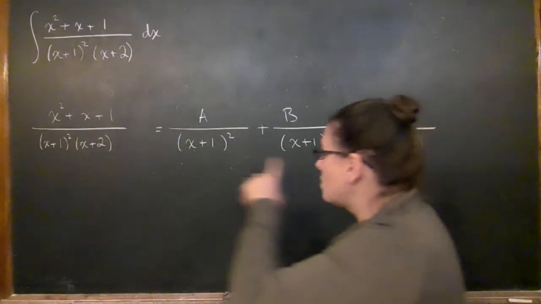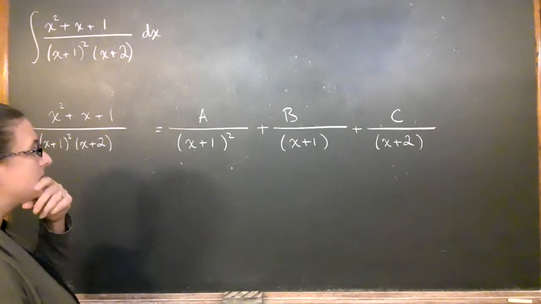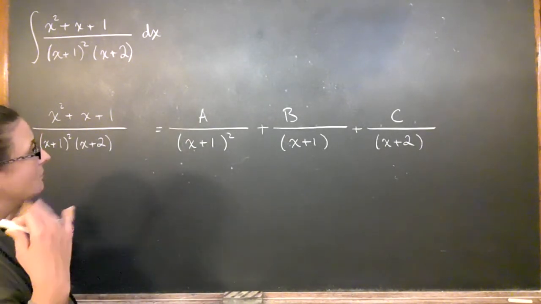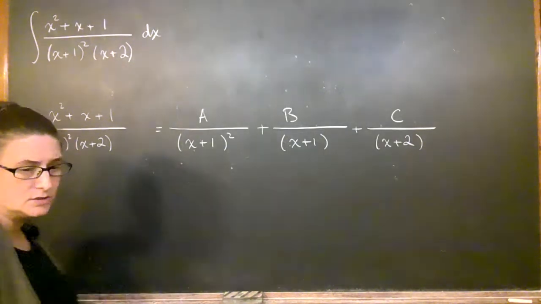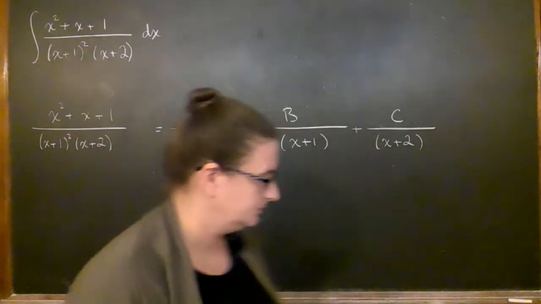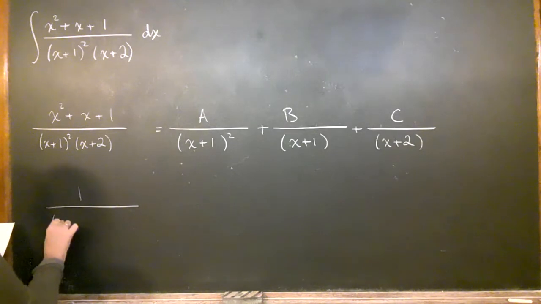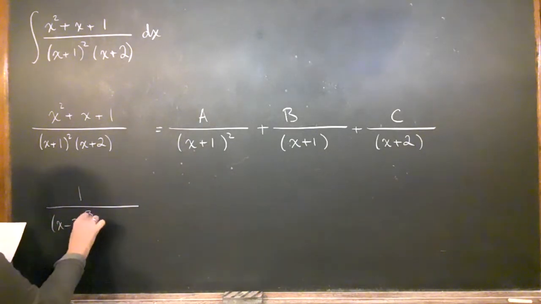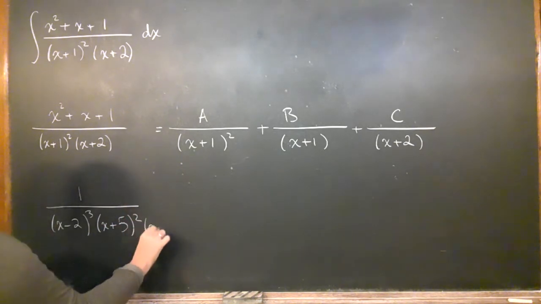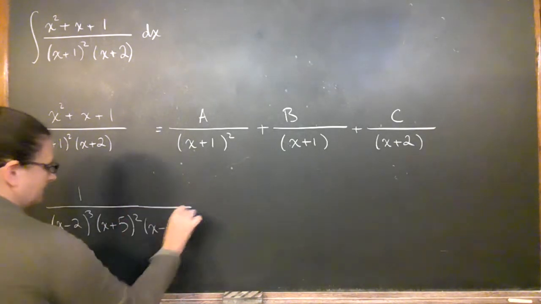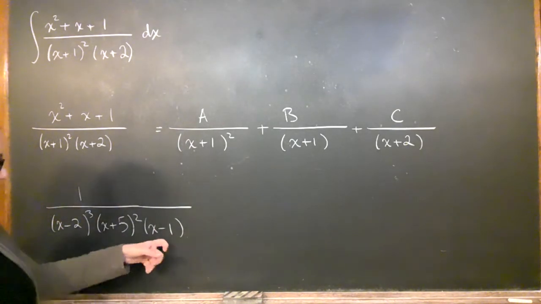Just before we go through this in detail, to think about it, if I had repeated linear factors, something like another example, which I'm not going to go through, something like this. I've got one simple linear factor with no power.